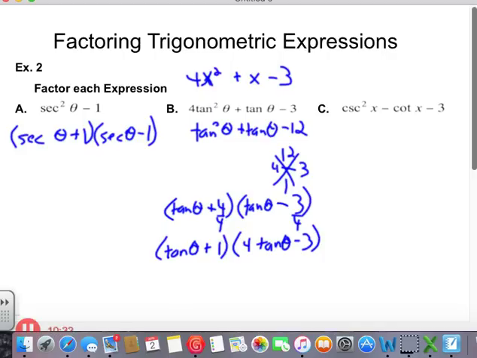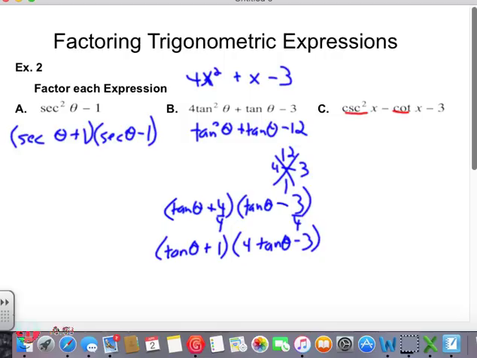So on this one, you notice that your trig functions aren't the same. You've got a cosecant squared and a cotangent. So what you're going to do on this one is use one of your trig identities right off the bat to make sure that your trig functions in here are the same trig function. So notice this is cotangent and this is cosecant squared. So do we have a trig identity that uses cosecant squared and cotangent?